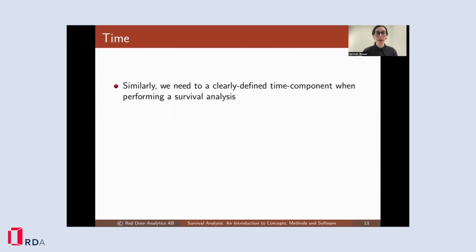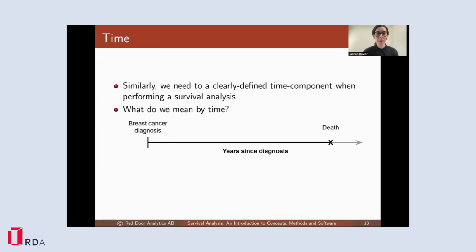So the other important aspect for survival analysis is the time component. So we have to define this very clearly when performing a survival analysis. And what do we mean by time? Well, if we take the example of time since breast cancer diagnosis to death, then we would have a timescale that looks something like this, where we have a clearly defined start at breast cancer diagnosis, and then we follow across time here, which is in years, until the event of death.